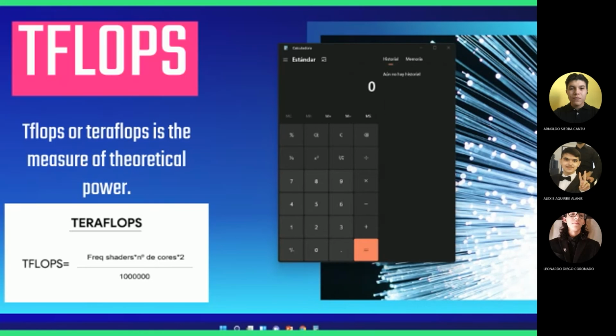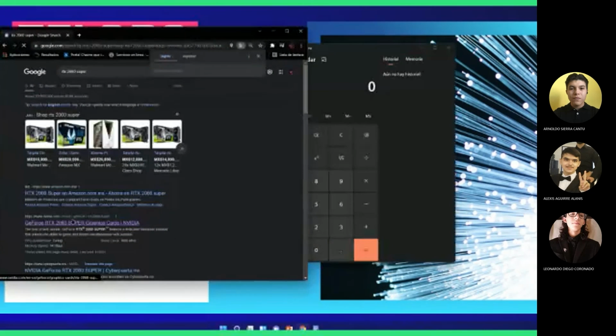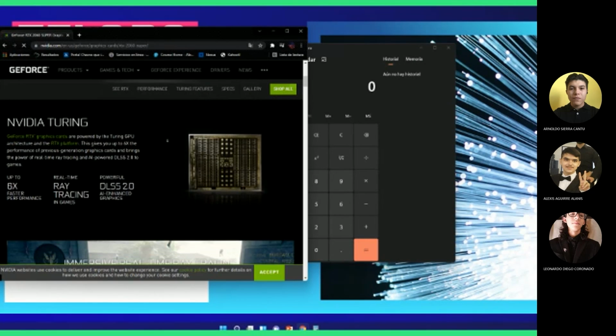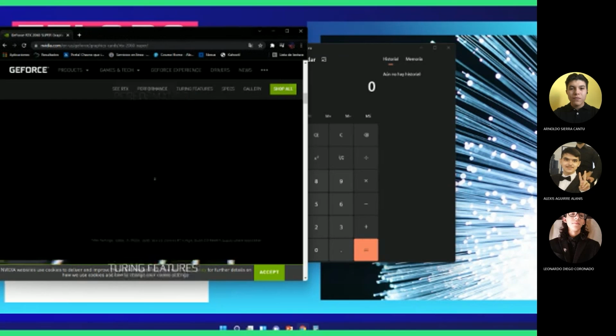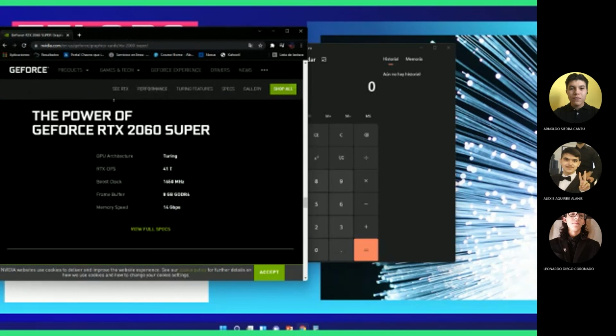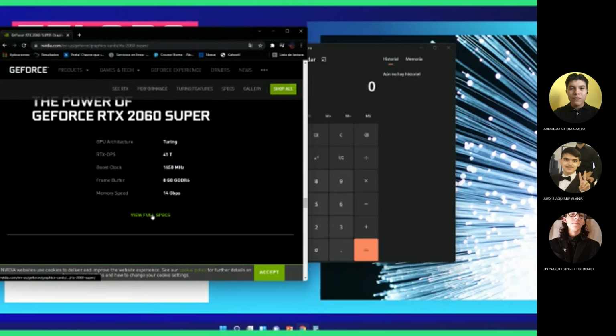I'm going to search the RTX 2060 Super, this NVIDIA graphics card. I'm going to go to NVIDIA's page, scroll down, and there is view full specs.